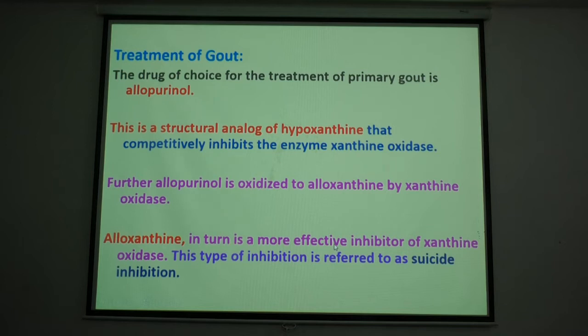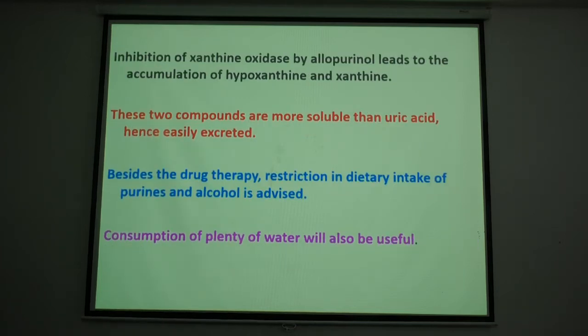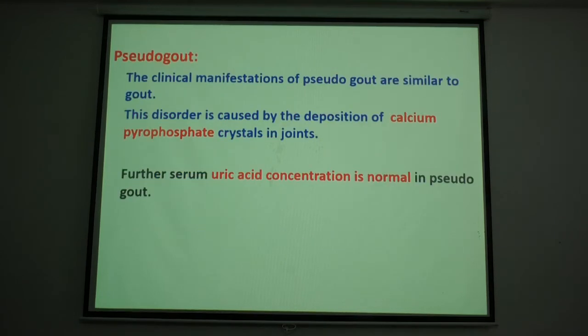Uric acid synthesis will be hampered, or uric acid synthesis will be stopped. Already told, pseudogout is the deposition of calcium pyrophosphate, but serum uric acid concentration will be normal.